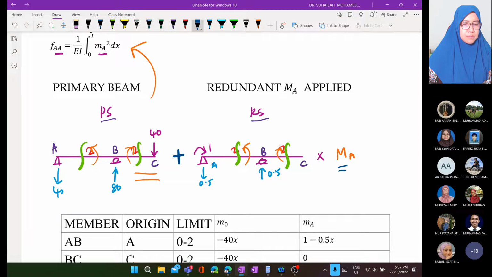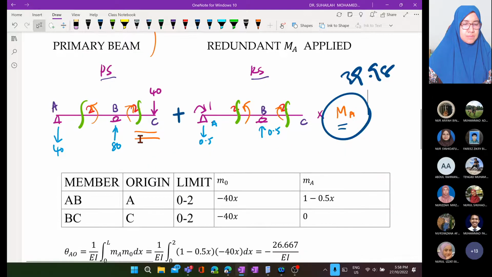The reaction in the redundant system we also need to times with the redundant, 39.98, the moment that we have just determined. So we can get AY by using this equation. It is negative 40. Just follow the general equation.